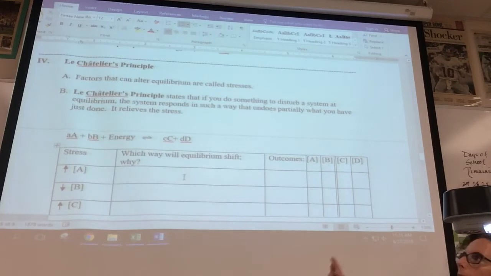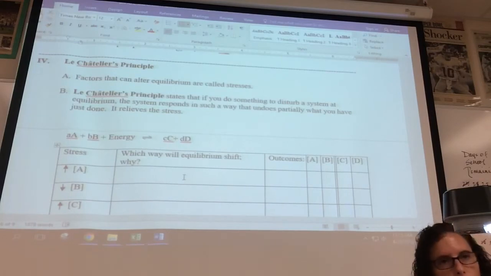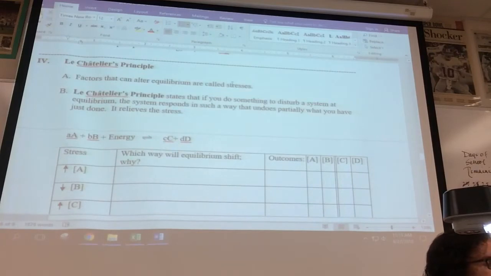And where we're picking up is right here with Le Chatelier's principle. There are several factors that can alter chemical equilibrium in that either the rate of the forward or the rate of the reverse reaction will be favored. These factors are stresses, and they are different from the factors that affect kinetics.